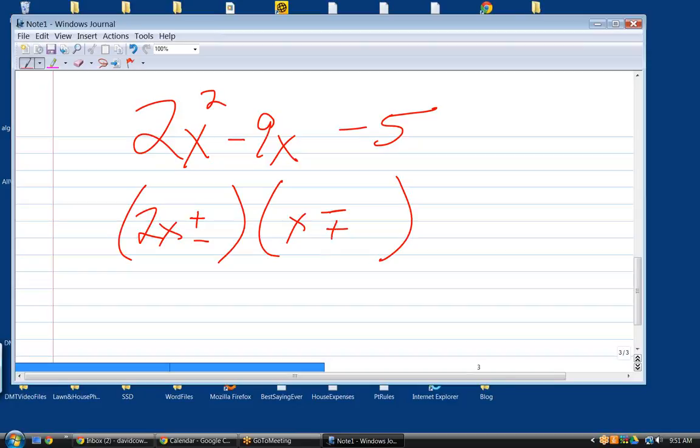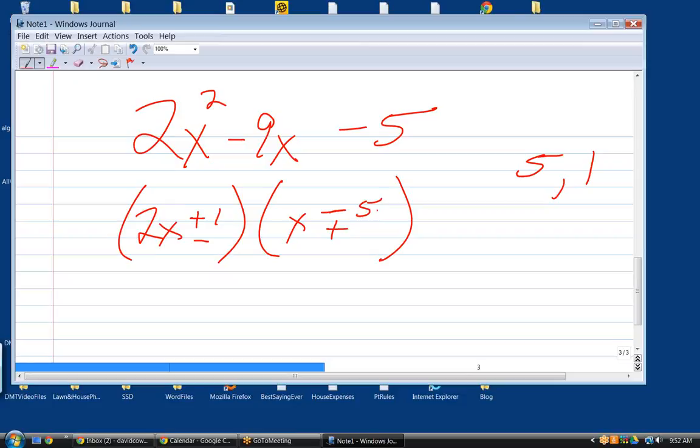All right. Now, still looking for factors of 5. Well, those are the only 2 factors. So I basically have 4 choices. I can put a 5 and a 1. That's my first choice, and see if that works. I can do a 1 and a 5.